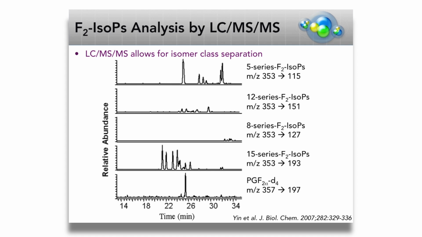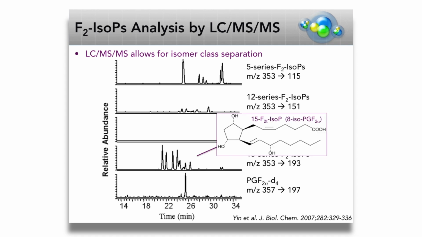Importantly, in most of the literature reports, most labs have focused on the quantification of just one specific isoprostane isomer. This is the 15F2T isoprostane, which is commonly referred to as 8-iso-PGF2 alpha. This was the first of the isoprostanes synthesized and the most studied molecule.